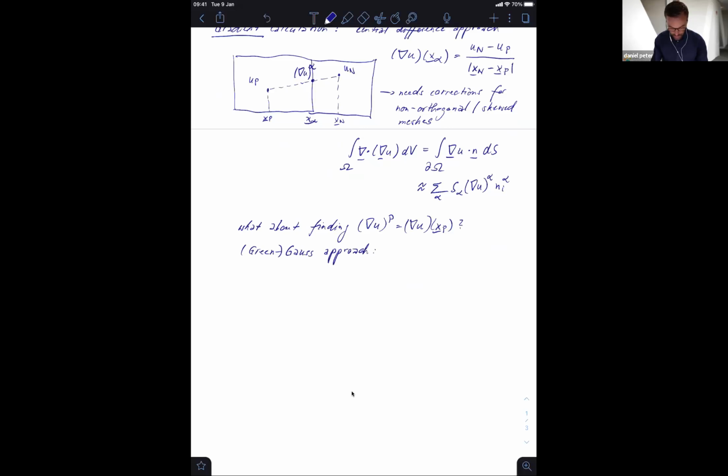So in 3D, we use Gauss theorem again. And then the gradient at the centroid point becomes this expression with 1 over the volume times the sum of the U alpha times the normal n alpha times the face area.